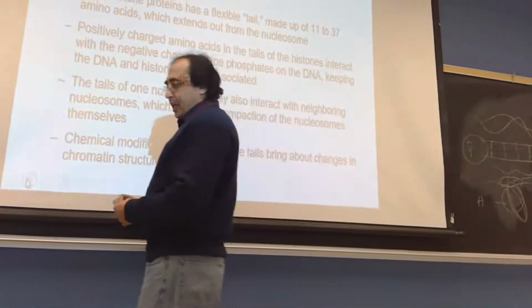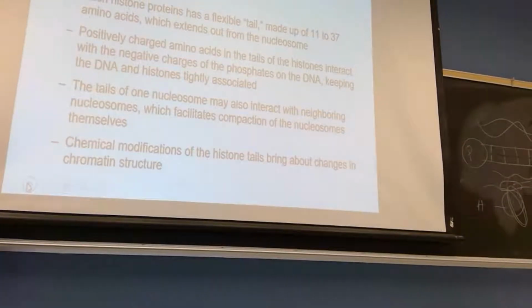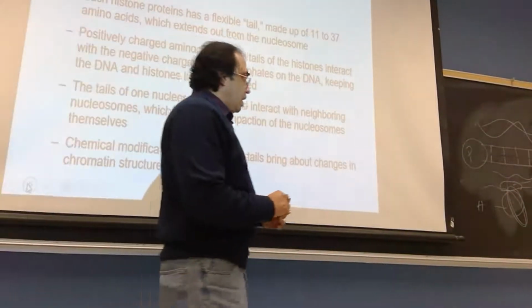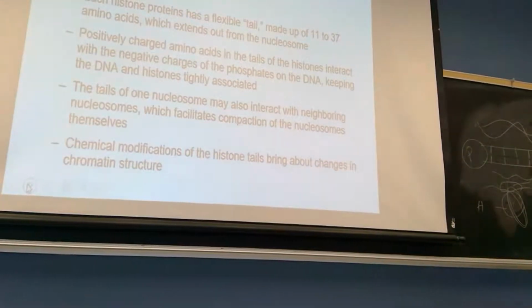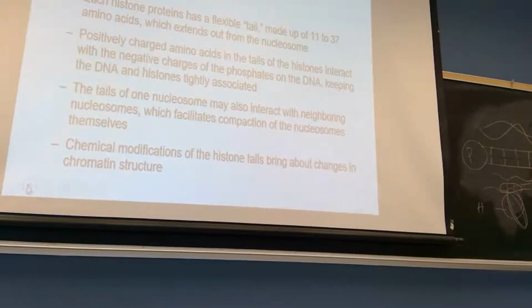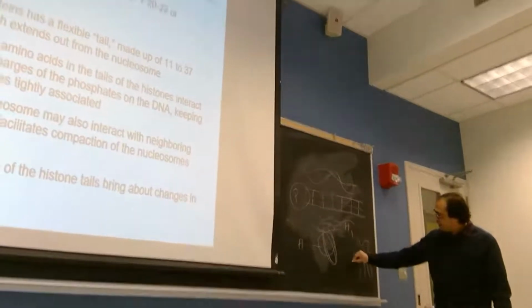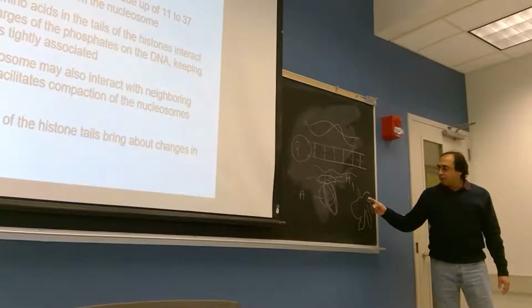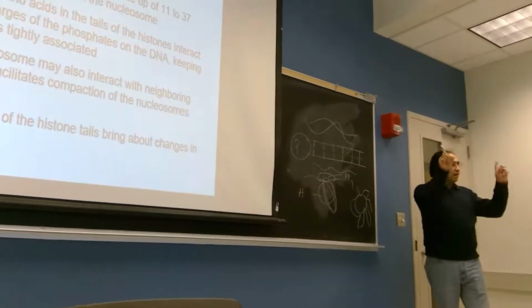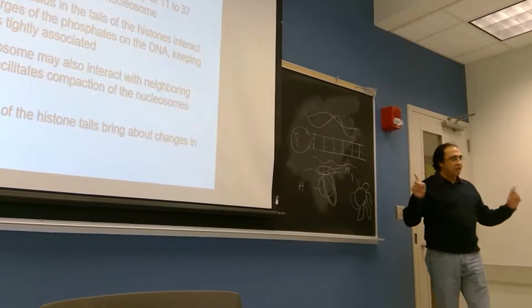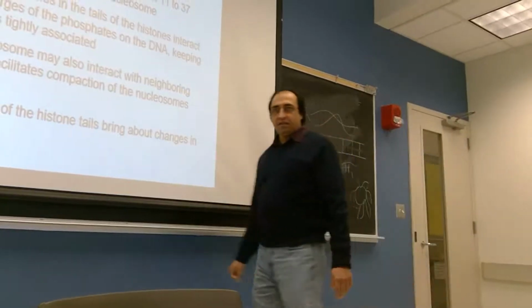Now, each and every histone, we'll discuss this later during the mutation class. The histones are not just like this. They have some kind of protrusions. This is a ball-like structure, but they have some finger-like structures around it. These protrusions are called histone tails.